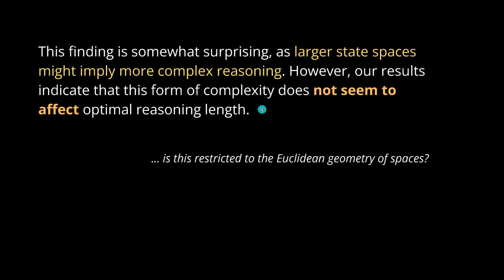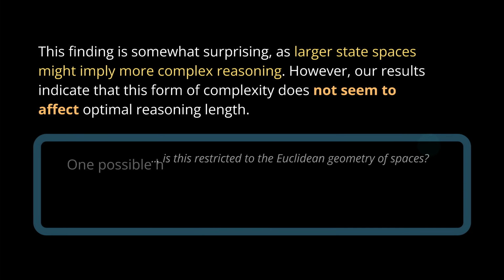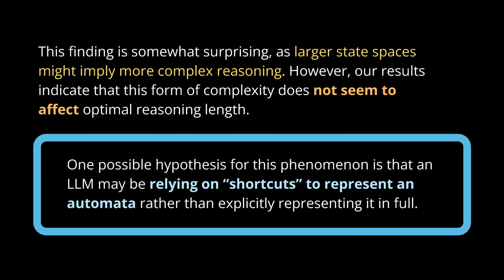And now the interesting question that I have reading this paper is, is this restricted only to the Euclidean geometry of spaces? And now you really understand why at the beginning of this video I chose some non-Euclidean topological spaces. And then they do something that for me is the main result, but please read the study yourself.